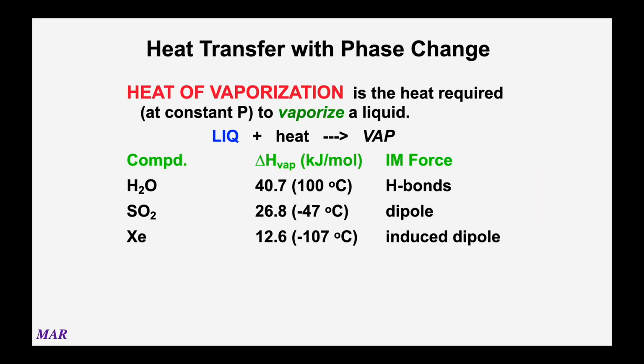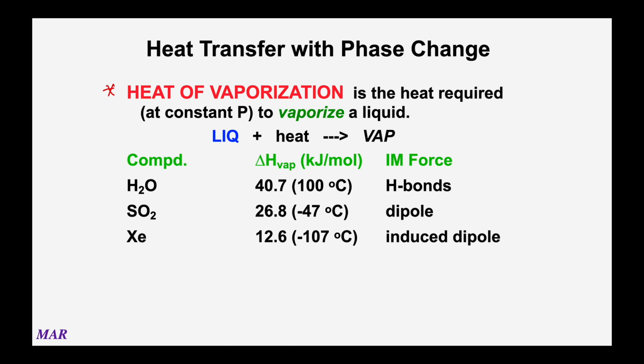If you're going to have a change of state, so liquid to vapor or gas, you're going to need the heat of something. A heat of vaporization is the energy required to turn a liquid into a gas. And all these heats of vaporization are positive numbers. They're all endothermic. So for water, for example, the heat of vaporization is 40.7 kilojoules per mole.